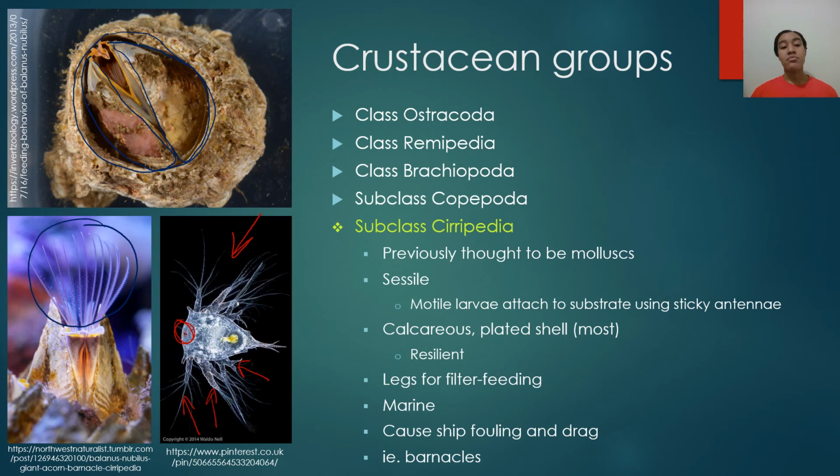And so people commonly have to dry dock boats and remove the barnacles off the sides of the boat. And there's a lot of investment in trying to find ways to make sure that these barnacles do not become established on boats and on docks and things like that. So if you've ever been to the coast at low tide, you've definitely seen these guys. They're all over the place.